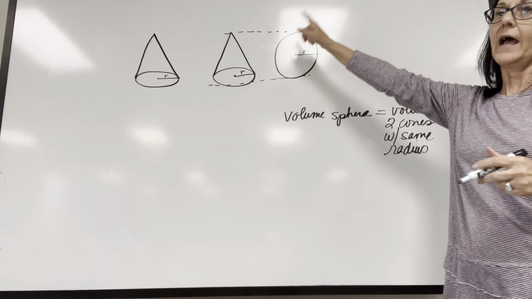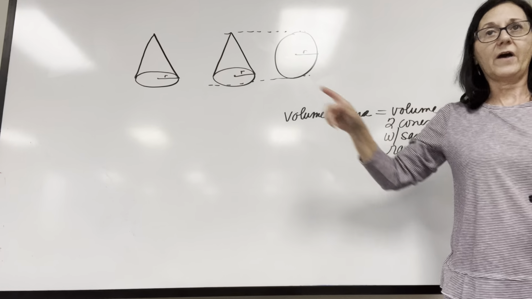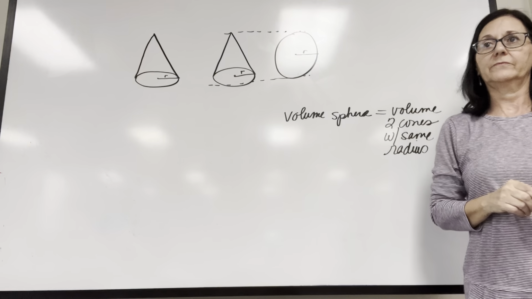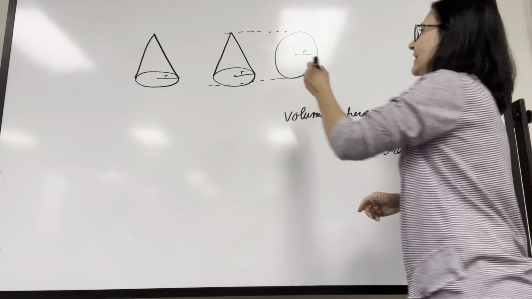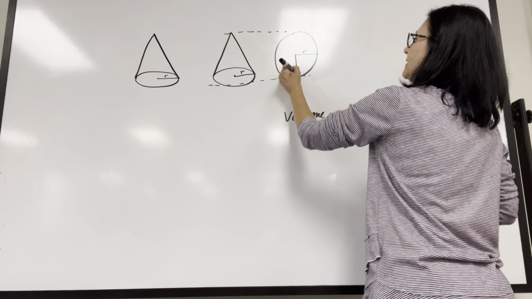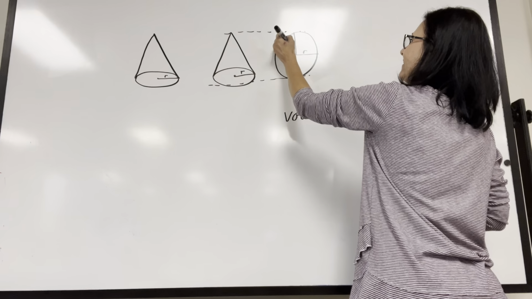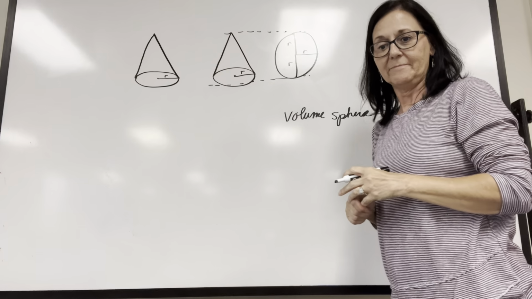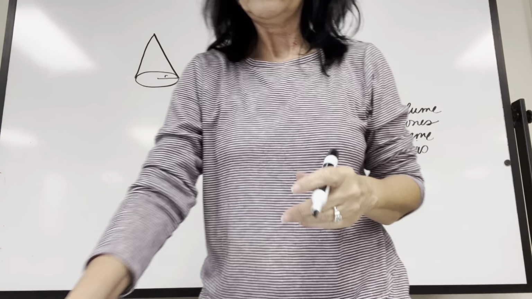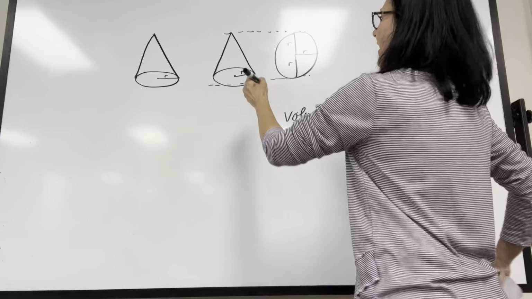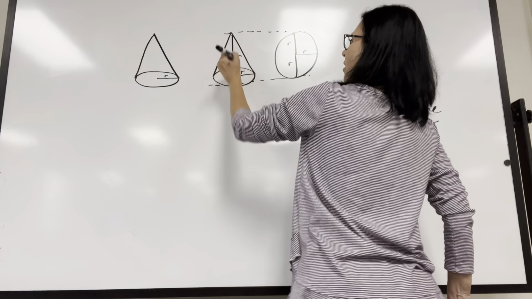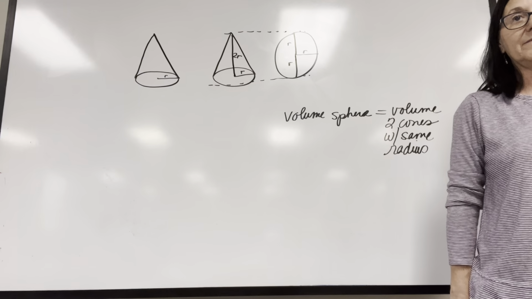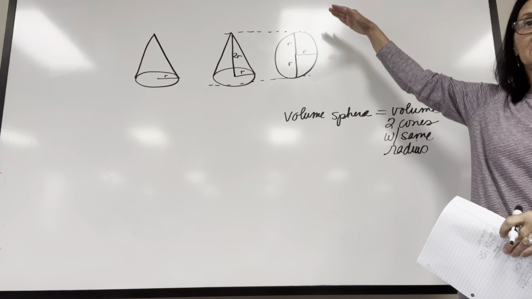So what is the height of the sphere or the height of this cone? 2R, that is correct. So we have a radius here and a radius there, such that the height of this cone would be 2R, because it's the same height as the sphere.